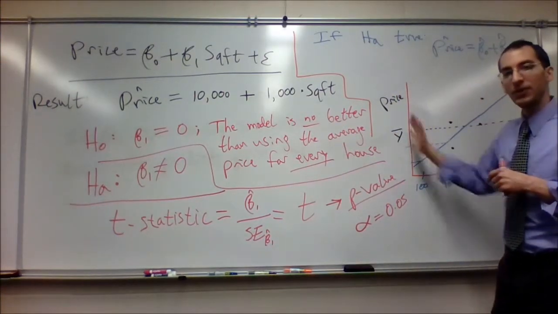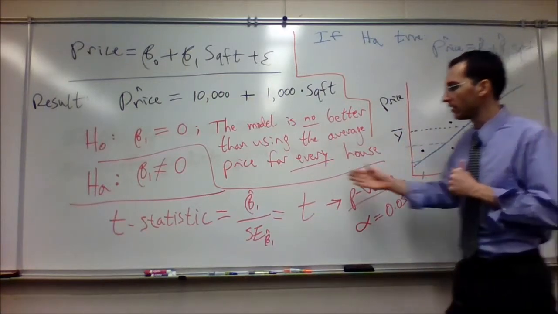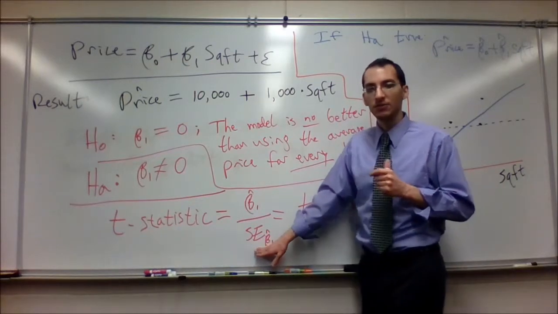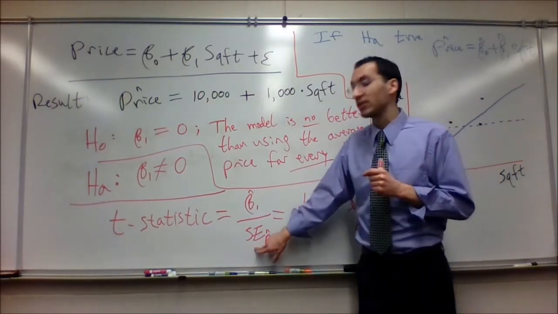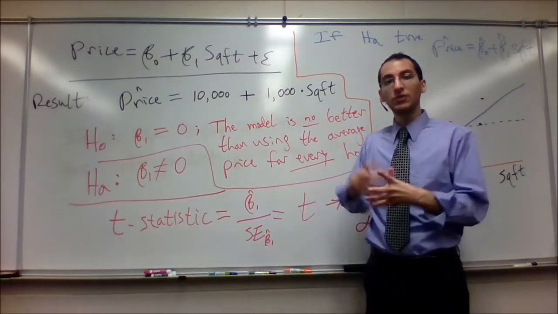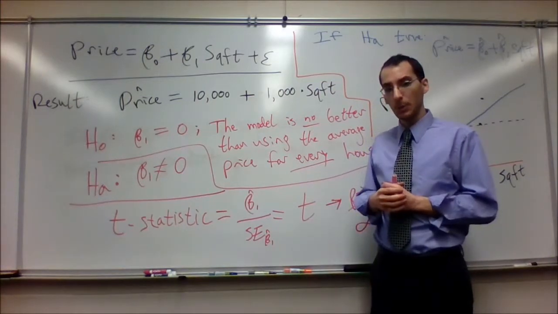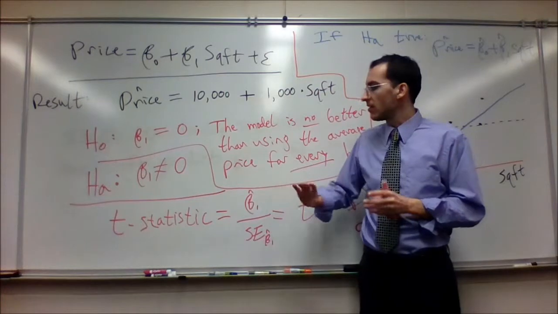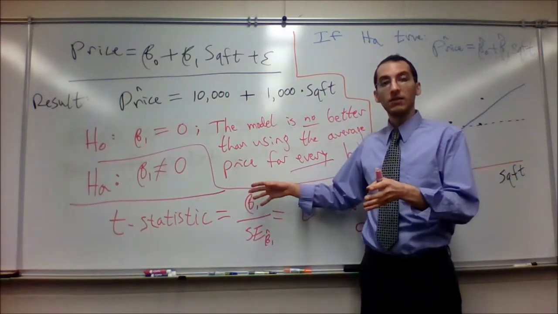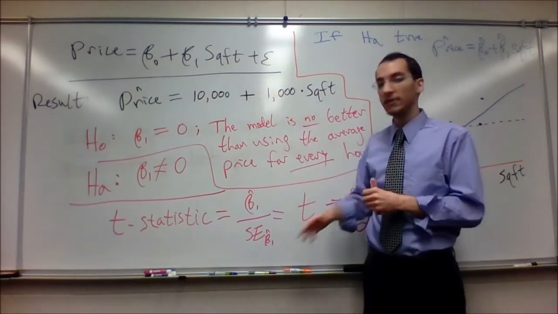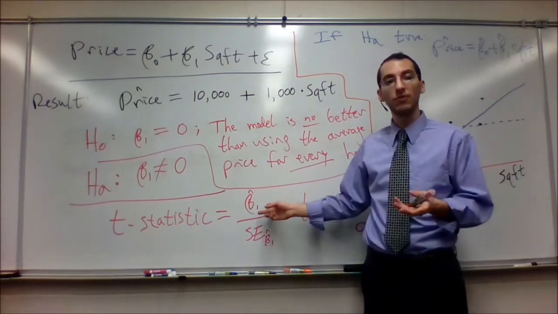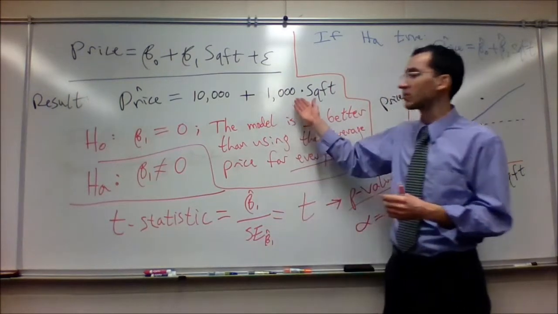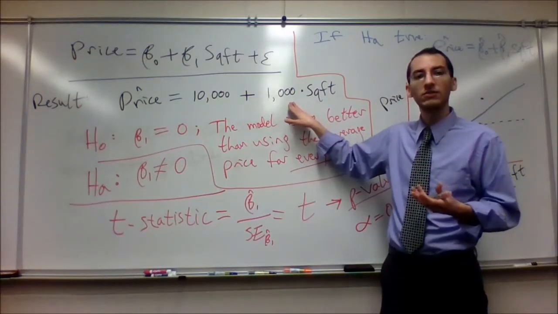One other thing about this before I clear all this away. Just a reminder what the standard error is. Remember, a standard error is due to sampling variability. So if I were to get another set of data and run a whole model again and calculate another slope coefficient, would I expect to get the exact same slope coefficient of 1,000?